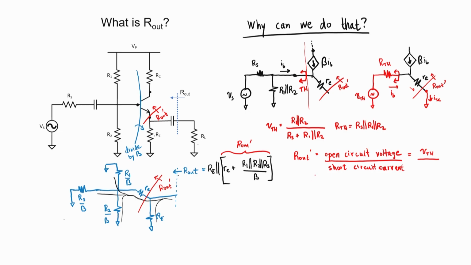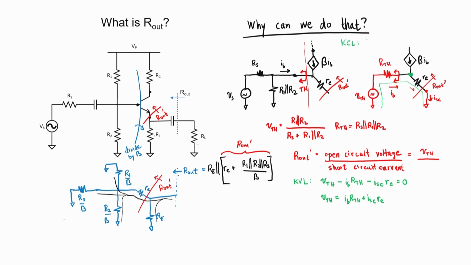It's my base current. I now want to apply the Kirchhoff voltage law to this path in green. First we have a voltage rise, then we have a voltage fall, and then we have a voltage fall. Let me solve this equation for VTH. Let me now apply the Kirchhoff current law to this node.